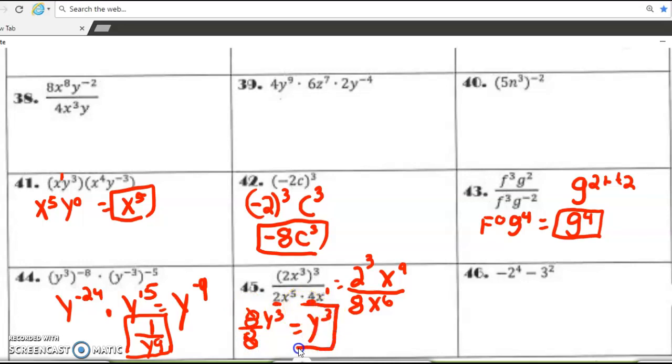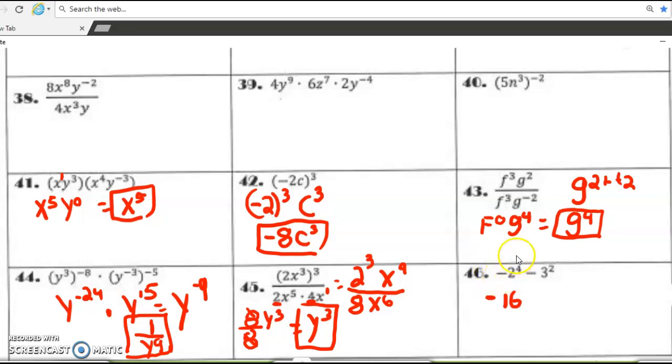All right, last one, right? So if you'll notice here, you do not have the same base. So really what I'm doing is just evaluating the problem. So that would be a 2 to the fourth, right? Now you notice you're just going to do the 4 to the second power. It's not in parentheses, so that's 2 times 2. That would be negative 16.